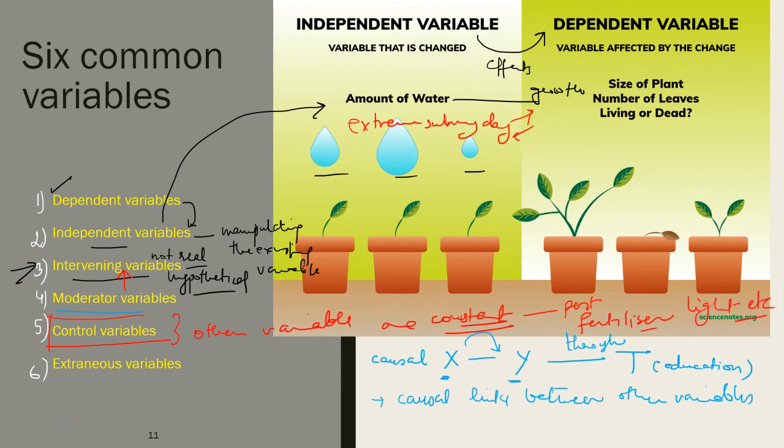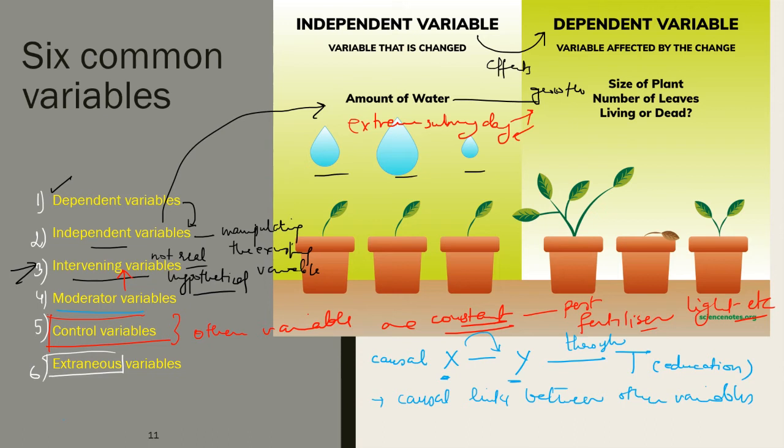Now, what is an extraneous variable? Extraneous variables are those variables in the research environment which may have an effect on the dependent variable, but they are not controlled.